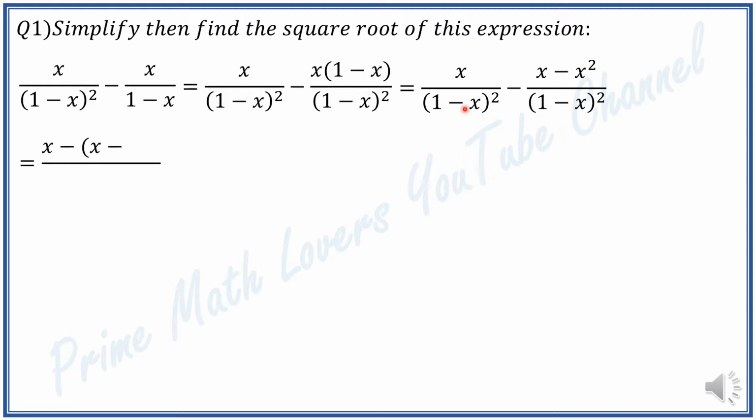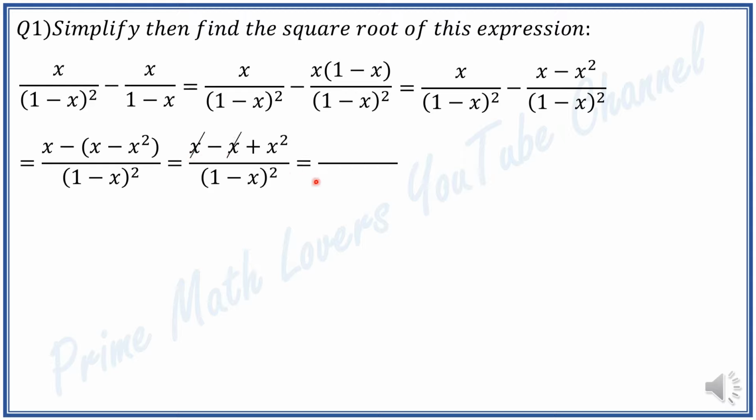The denominator is the same, so x minus x squared. And we distribute the negative sign inside the parentheses, so I'll have x minus x plus x squared. Then I can cancel positive x with negative x, and I'll have x squared over 1 minus x squared.